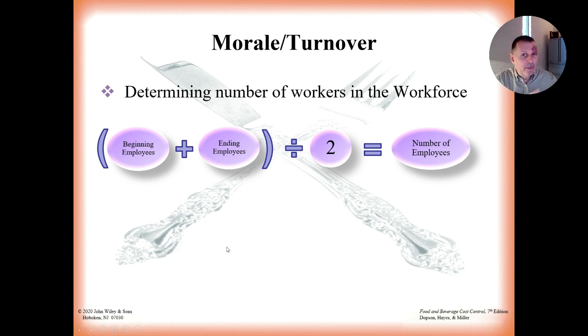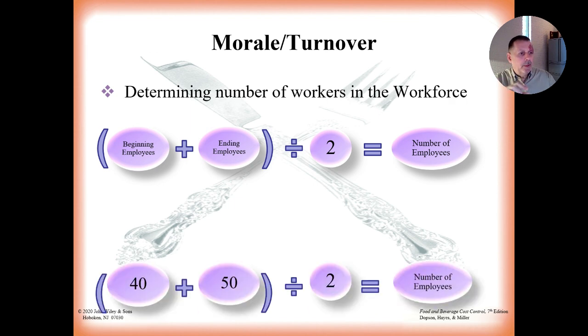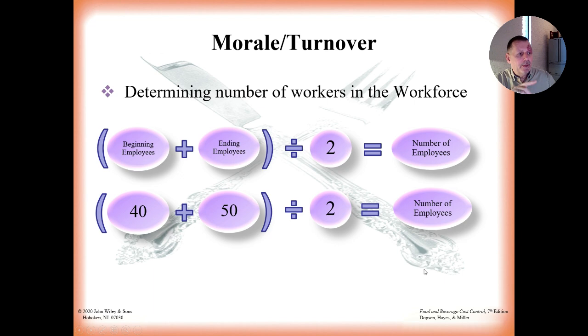It sounds simple, but if you don't do this right, your other math is going to be skewed. So let's do this. 40 plus 50: at the beginning of the month we had 40, at the end of the month we had 50. 40 plus 50 is 90, divided by 2 is 45, all right?